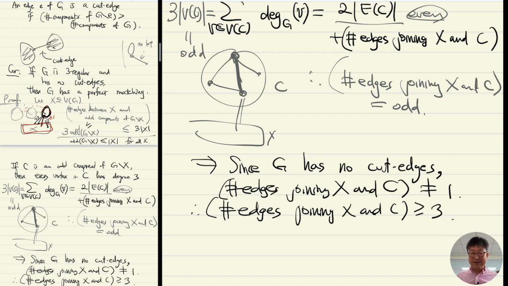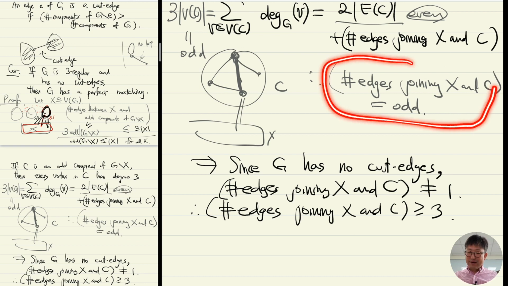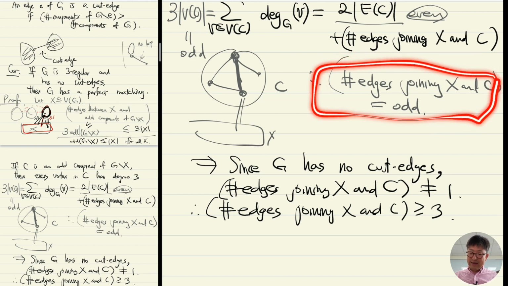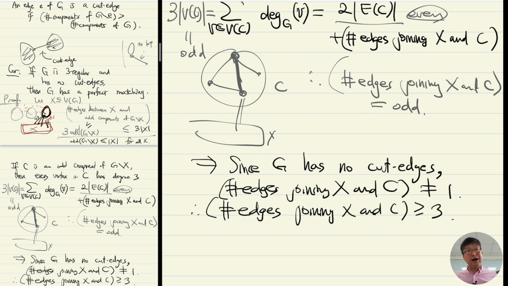If I start my proof by saying that you must have at least 3 edges between X and the components because the graph has no cut edges, that's not exactly correct.